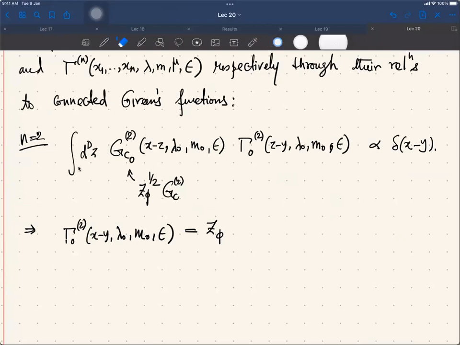Sorry, this is not half, this is 1, because n by 2, n is equal to 2. So this is Z phi inverse times the renormalized 1PI vertex.